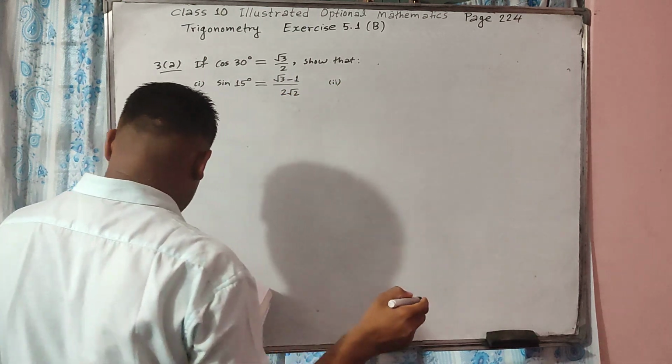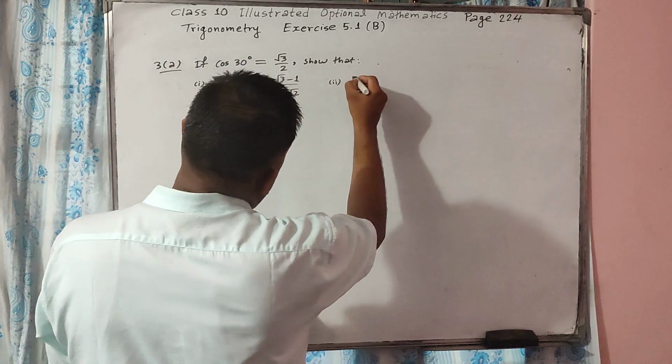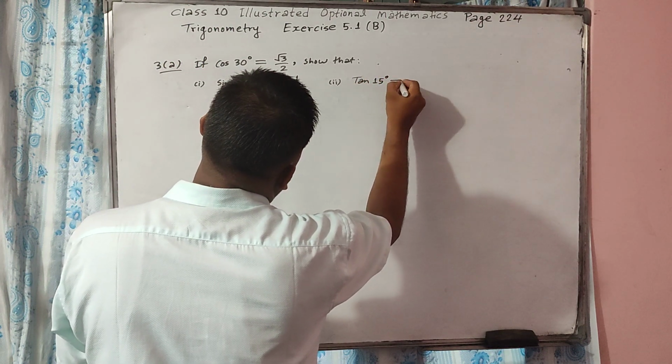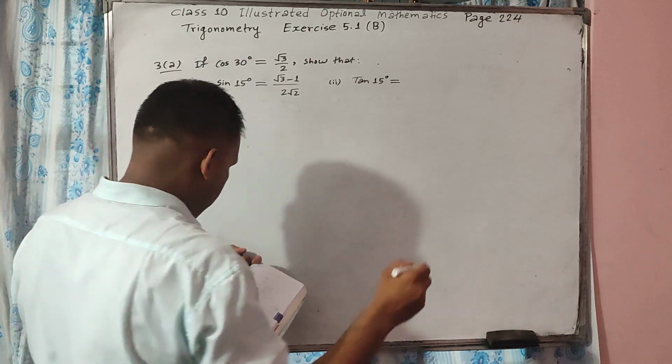Number 2, tan 15 degree equals 2 minus root 3.